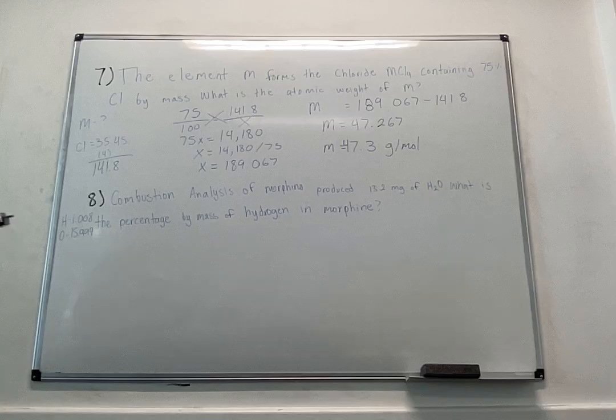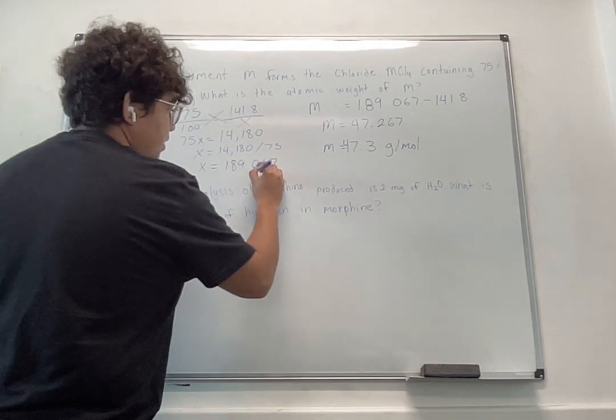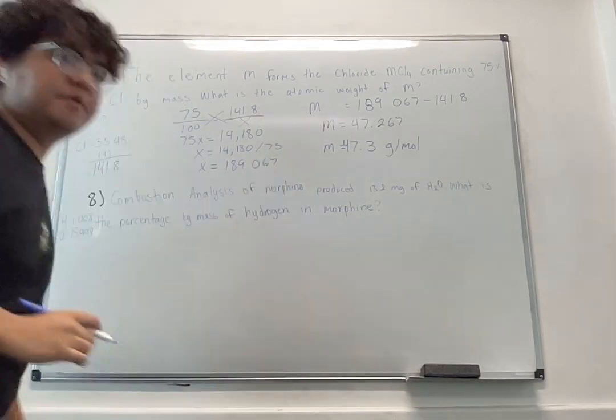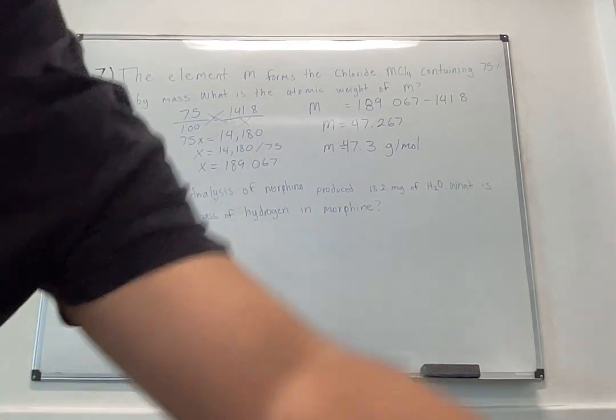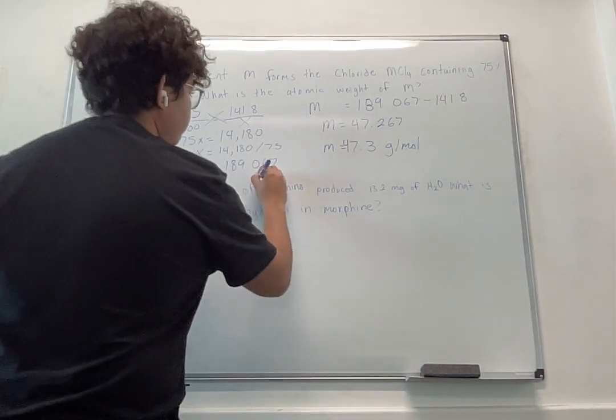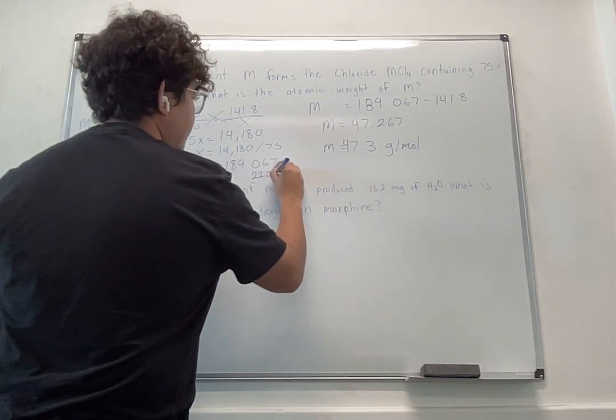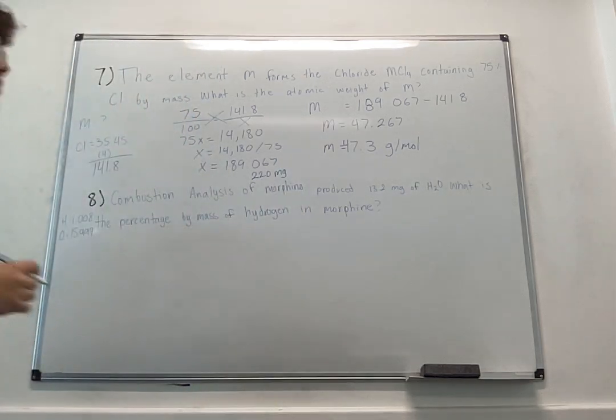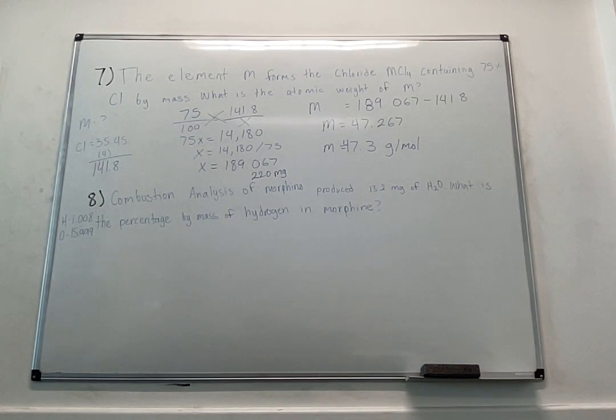Okay. Number 8, combustion analysis of morphine. Oh, that's right, I forgot. Let me just make sure, 22. Okay, 22 milligrams of morphine produced 13.2 milligrams of H2O.